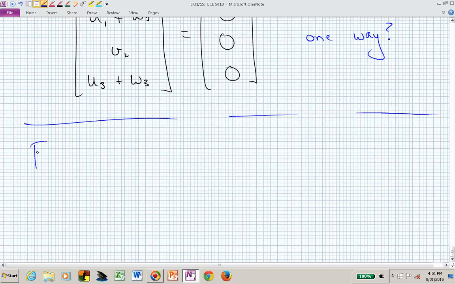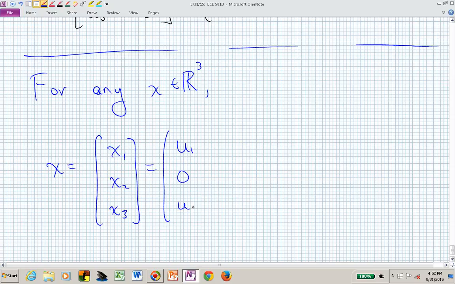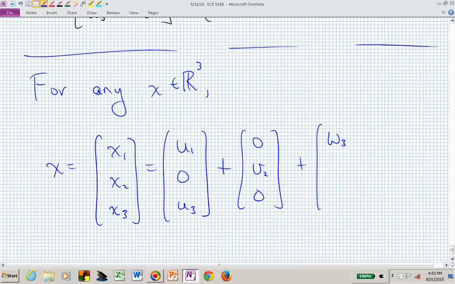Now, in this case, if we say for any x in R3, we can write that as x equal to x1, x2, x3, and that's U1, 0, U sub 3, plus 0, V sub 2, 0, plus W3, 0, W3, and we could actually make that vector x out of the first two, couldn't we?